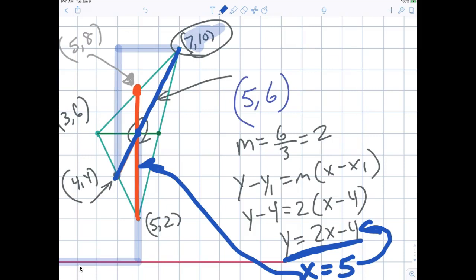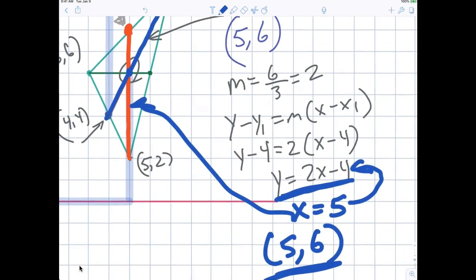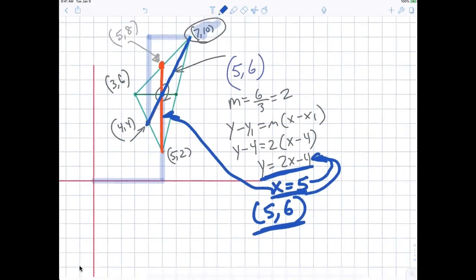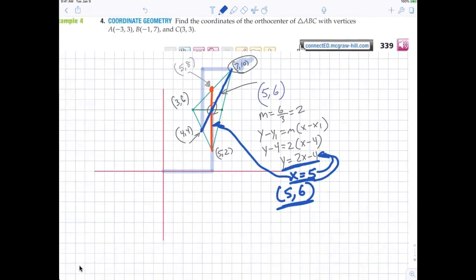To solve a system of equations, we already knew the x value. The x is 5. Agreed? So that means I plug 5 into the other equation, and that will tell me what the y value is. 5 times 2 is 10, minus 4 is 6. Now, that, like I said, is the mathematical way.